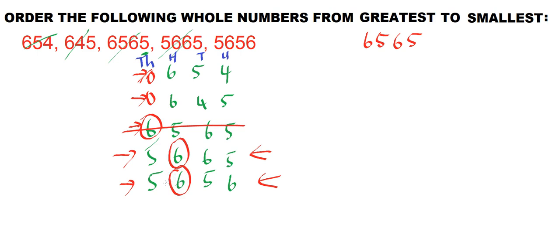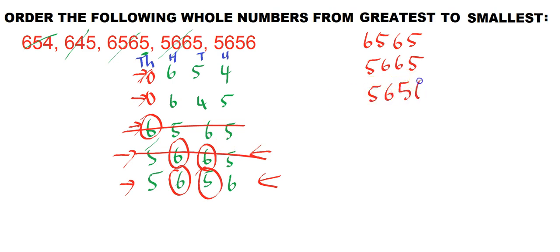They're still even. Neither looks greater than the other at this point. So we go over to the tens place value, and here we have a 6 and a 5. So 6 is greater than 5, so we know that this one is the next greatest number, and we also now know that this one comes next.